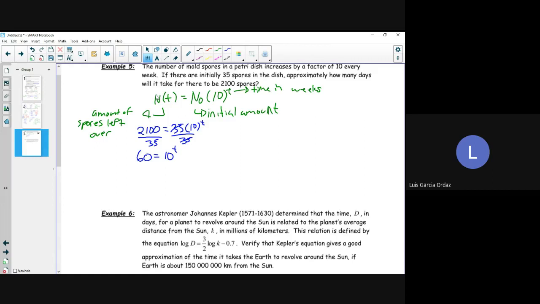And since we have logs, remember in the first lesson, we can rewrite from this form into log form. So we can say t is equal to log base 10 of 60. And when you guys do log base 10 of 60 on your calculator, what does t give you?